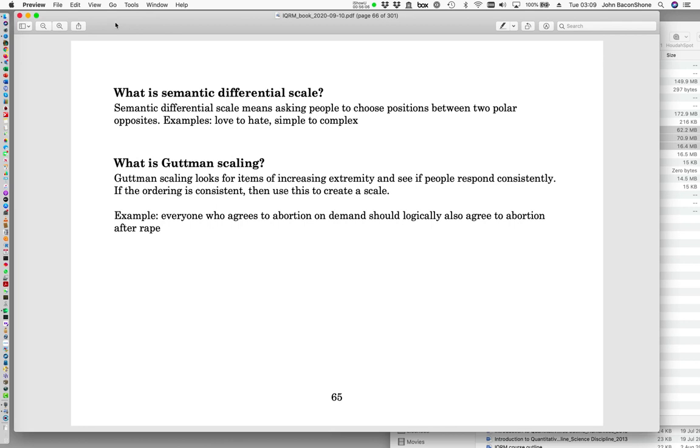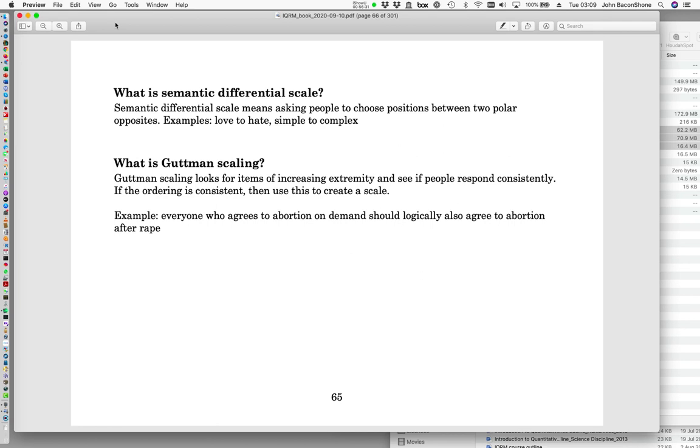So for example, let's say we're interested in attitudes towards abortion. We could ask people, do you agree to abortion on demand? In other words, that every woman should have the right to choose if and when she wants to have an abortion. Okay? So many religious people would say no. Some people might say yes.